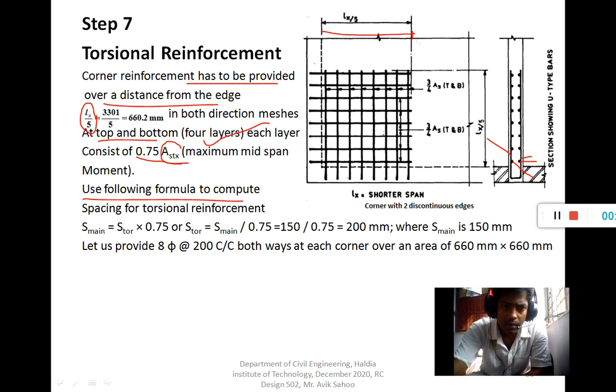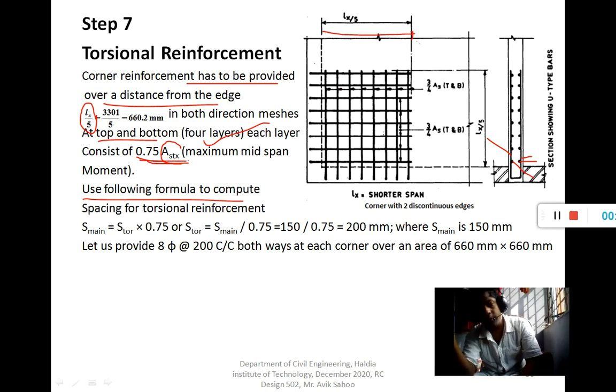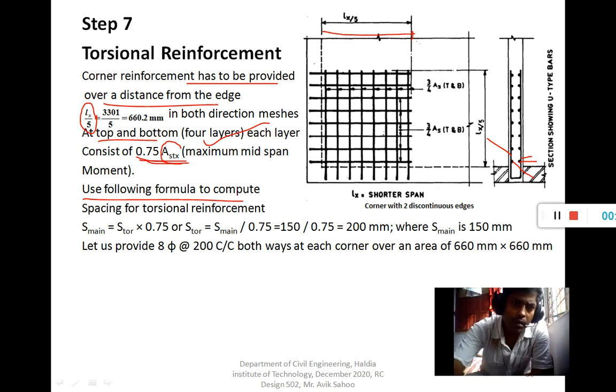Now you see that S main, because 0.75 is used, if I apply 0.75 Astx, then the spacing also changes by 0.75.